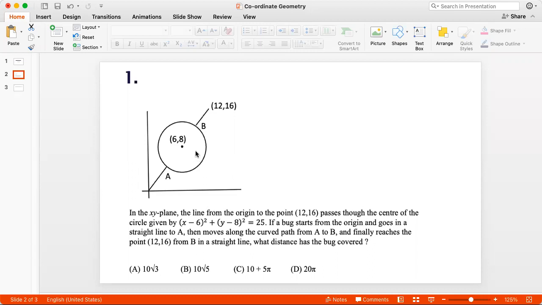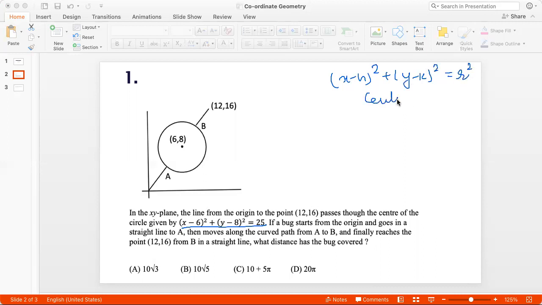So what they're basically saying is that there is this circle with center at 6, 8 and radius 5. Because in a circle, (x minus h) whole squared plus (y minus k) whole squared is equal to r squared. The center is given by h comma k, which in this case is 6, 8.